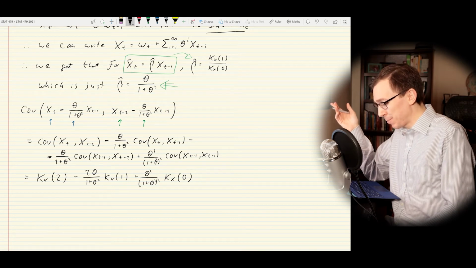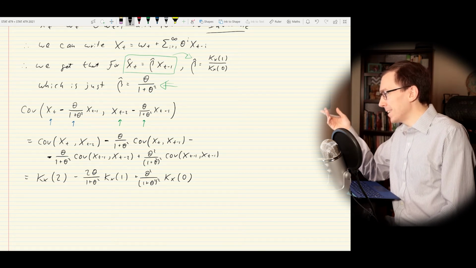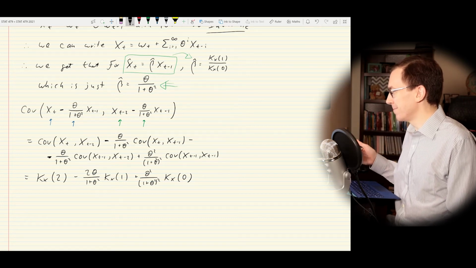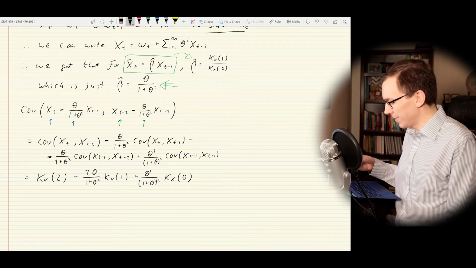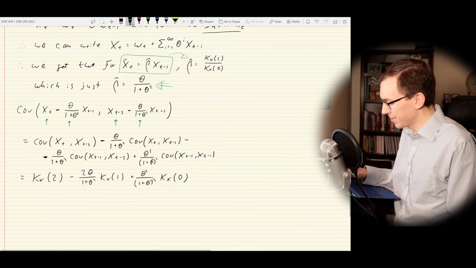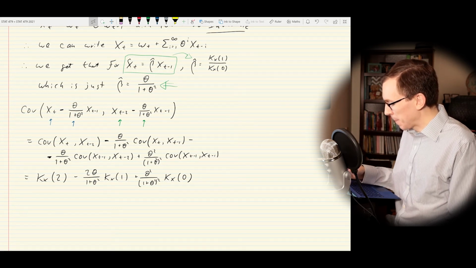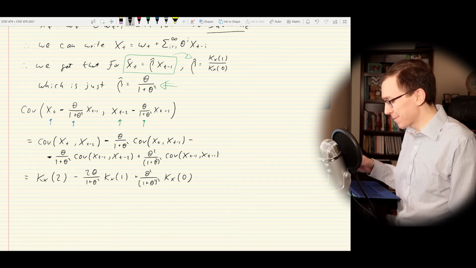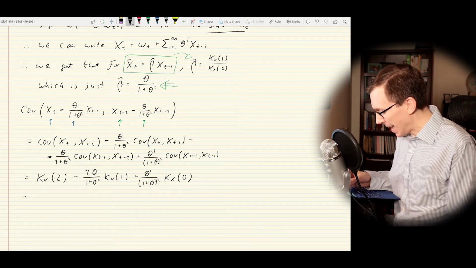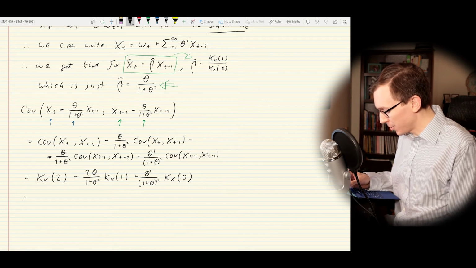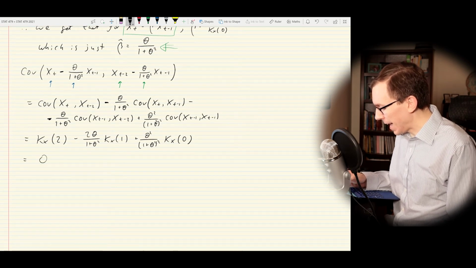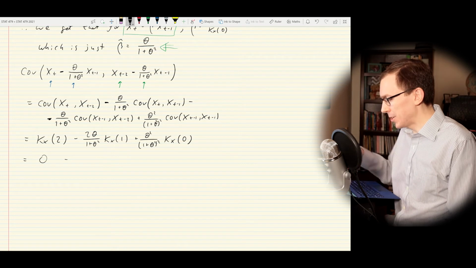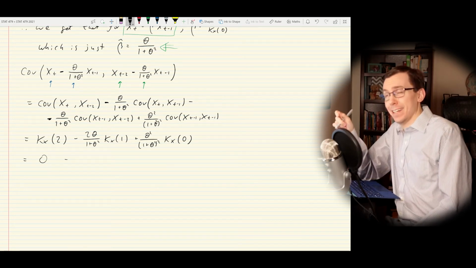Well, we can actually just plug in the values that we know, right? Because we already know what all of the autocorrelations should be. If I remember off the top of my head, let's see if we can do this from memory because I didn't actually write it down. At lag 2, the autocorrelation is 0. At lag 1, the autocorrelation should just be theta.